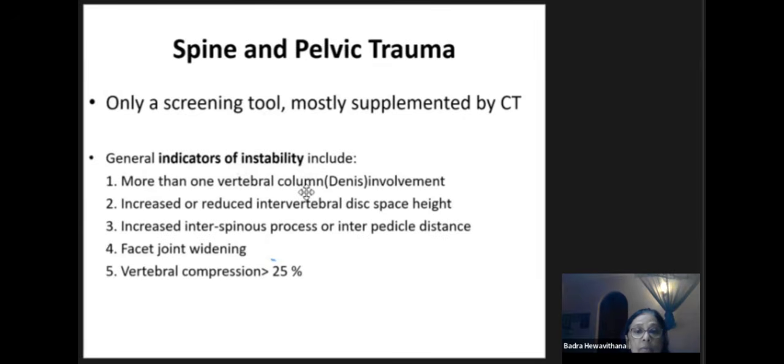If you get more than one vertebral column involved, you know the Denis columns, that's the simplest method. Increased or reduced intervertebral disc space height, maybe even increased sometimes. Increased interspinous process or interpedicle distance. Or if you see facet joint widening or vertebral compression more than 25%. So these are the indicators of instability.